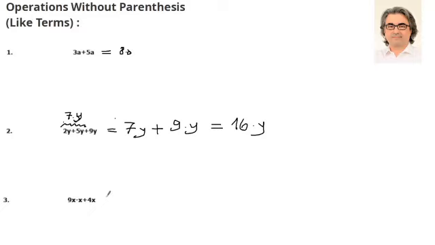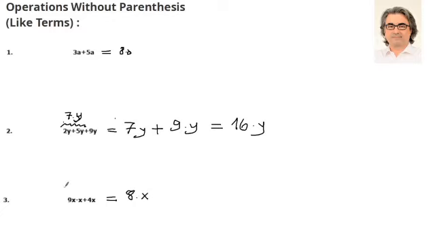Now let's continue with the last example of this page. 9 times x minus x plus 4 times x. I have 3 terms here and these terms are like terms, so I may make addition and subtraction operations between them. 9 times x minus 1x is 8 times x.